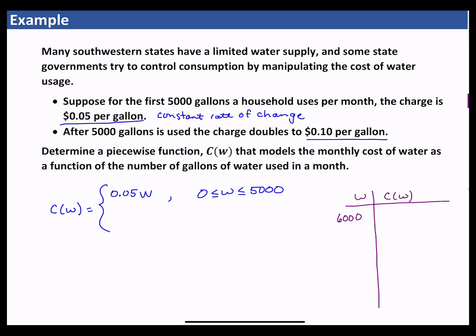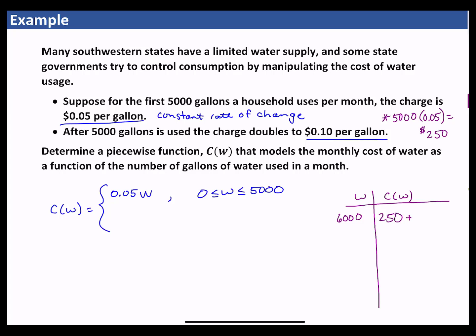What is important to realize is that for the first 5,000 gallons, they're still charged 5 cents. So we might just want to make a note here that 5,000 times 5 cents per gallon is $250. So they're going to be charged $250 for the first 5,000 gallons.